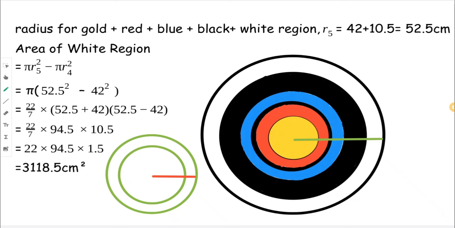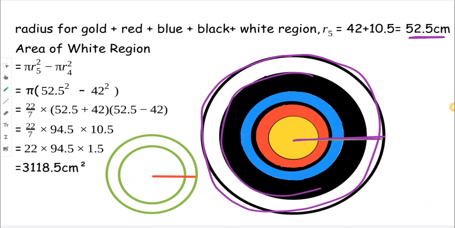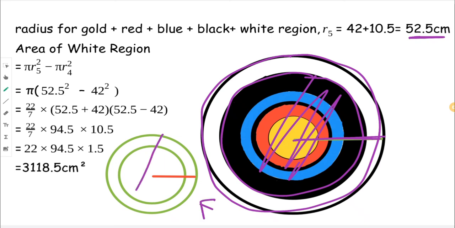Now the last one again, right? So we know that from here till here is how much? 42. Then I just have to add 10.5 again, to get the entire radius, which is 52.5. So once again, remember, this big circle will be taken, and then we'll subtract it with this smaller circle, just one area. So it will look something like this: area of the bigger circle minus area of the smaller circle, I'll get this white region.